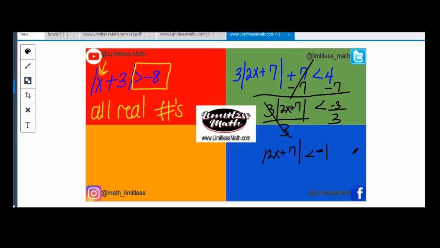Based on what we just talked about, how we know that absolute value is always positive because it's a distance from 0, there is no way it can be less than -1 or less than any negative number for that matter, because if it's less than negative, it has to be negative, right? And it can't be negative. It can't be less than 0. So this is impossible. This is untrue. Anytime you get less than a negative number, you get no solution.